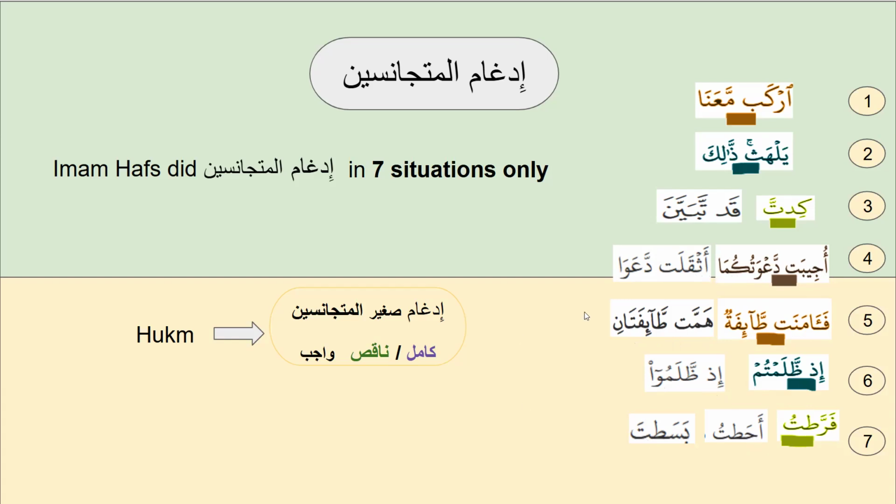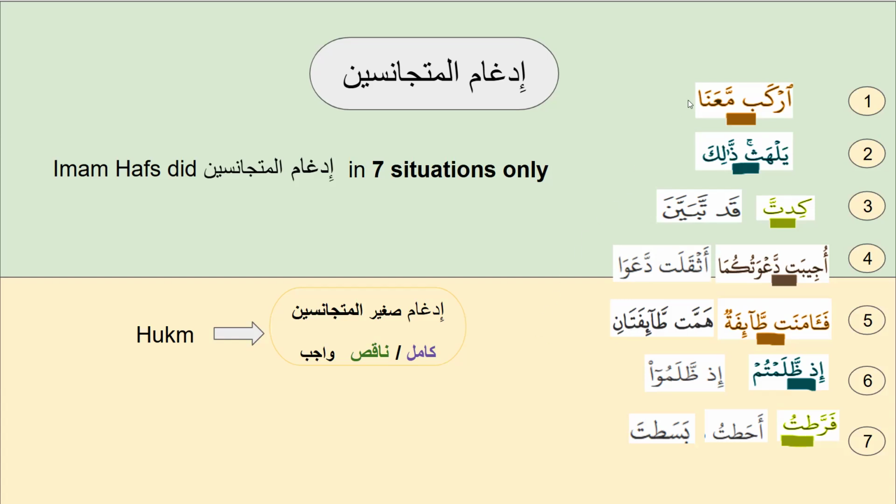We need to be careful when we are doing the idgham mutajanisain, because there is a situation where a strong letter is merging into a weaker letter. So although there is idgham, this idgham might not be complete. A light letter can merge into a heavy letter, a stronger letter, completely, but a stronger letter does not completely merge into a weaker letter.